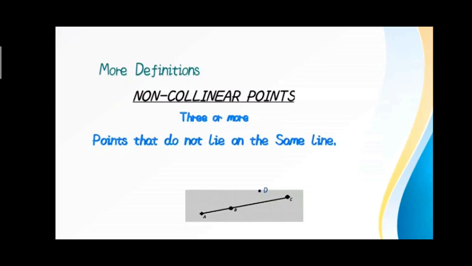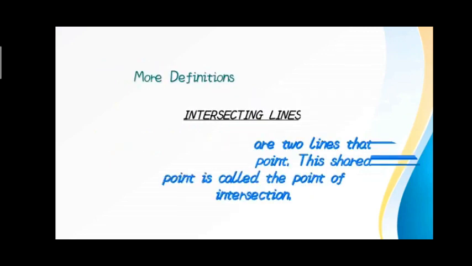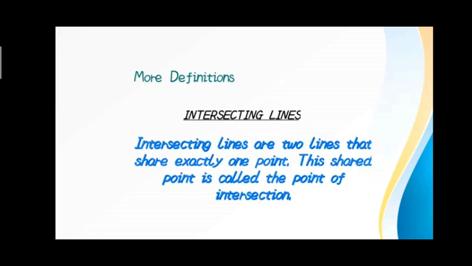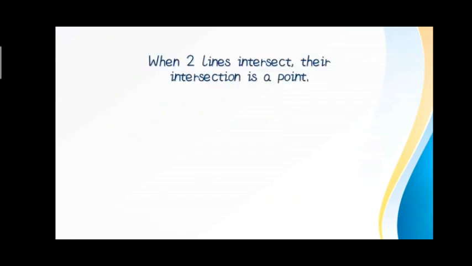Next we have intersecting lines. Now what do you mean by intersecting lines? Intersecting lines are two lines that share exactly one point. It means when two lines intersect, they intersect at a point, and this shared point is called the point of intersection. Let's understand this. When two lines intersect, their intersection is a point.